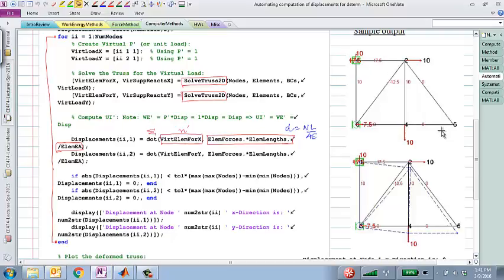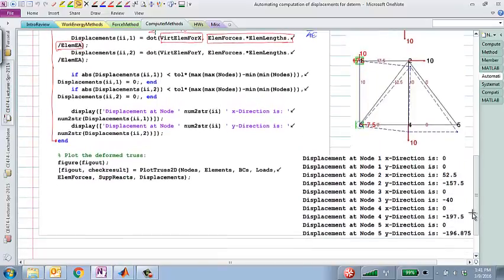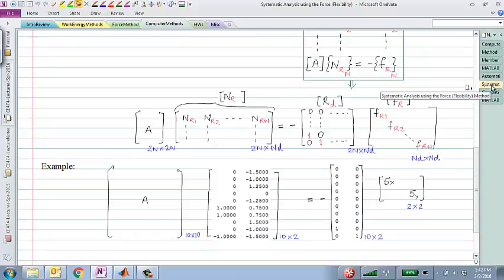So it's a loop. You're solving the determinate truss again and again to find displacements at each one of those nodes. Once you have those displacements, you can easily draw the deflected shape, right? Now, this is something that you wouldn't be able to do, or it would take a long time to do by hand. So that's why we are looking at how to do this systematically in a computer program.